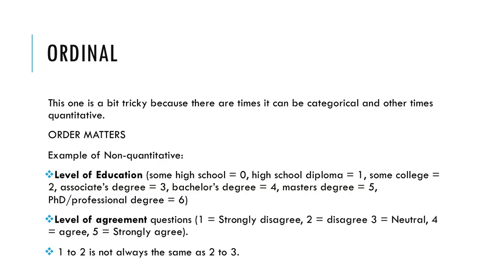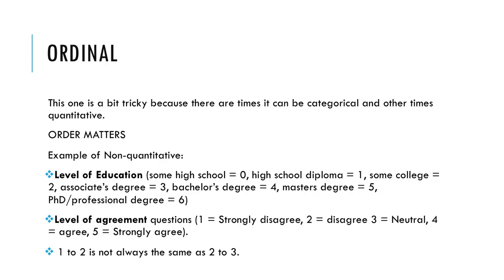Okay? So another instance of this is actually ordinal, but your book mentions it in the interval area as interval. There's a lot of disagreement about how these types of variables should be considered.